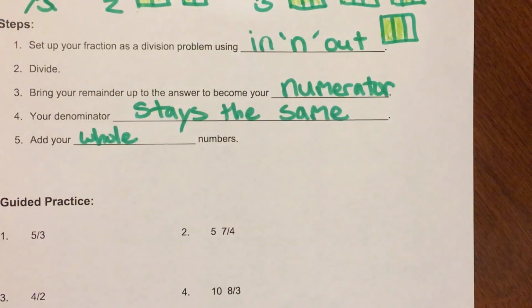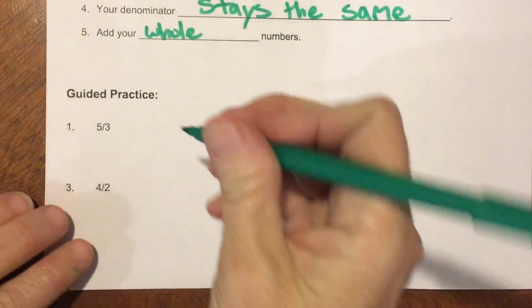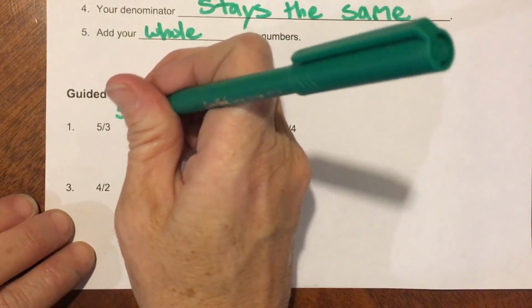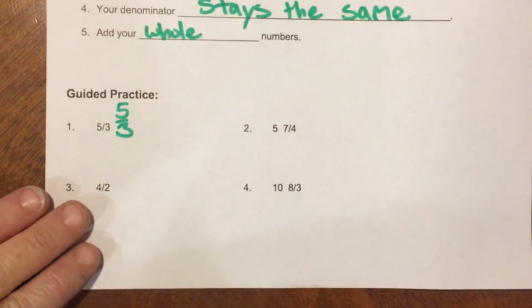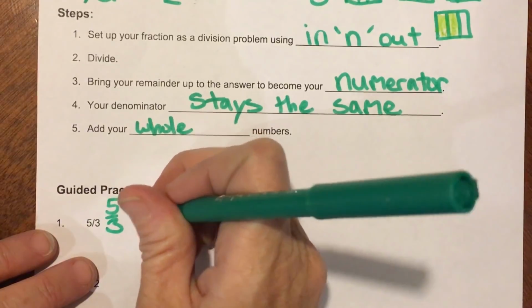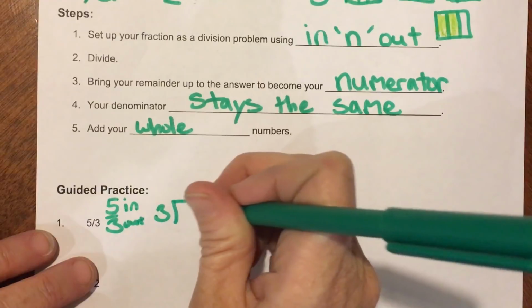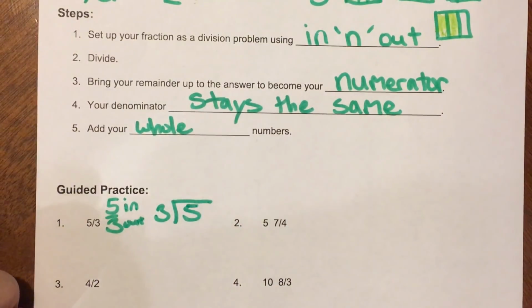Okay, let's try some. So my first one is 5/3. I'm going to write it the way that I like it. Okay, I'm going to set it up using in and out. So my 3 goes out and my 5 goes in.